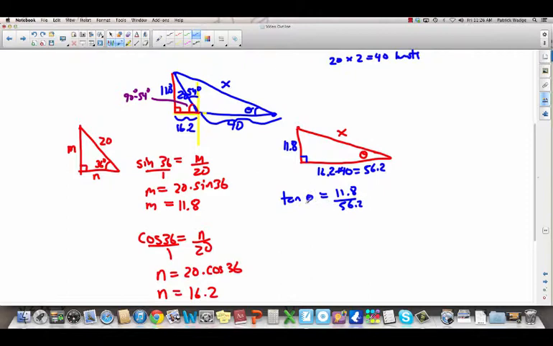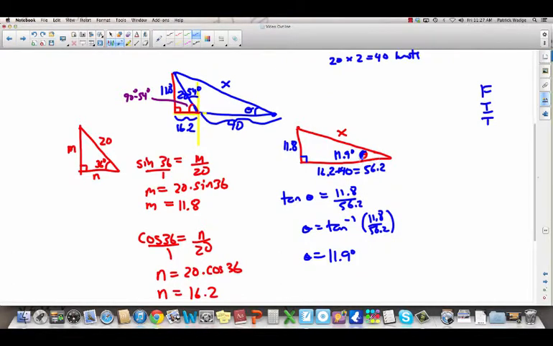If you're finding the angle, you need to use inverse tan. So theta equals inverse tan of 11.8 over 56.2. Use your second tan or your inverse tan or your shift tan, and you're going to get that that angle is 11.9 degrees. Now notice that's not bearing. We'll come back and talk about bearing in a second. But this angle right here is 11.9 degrees.